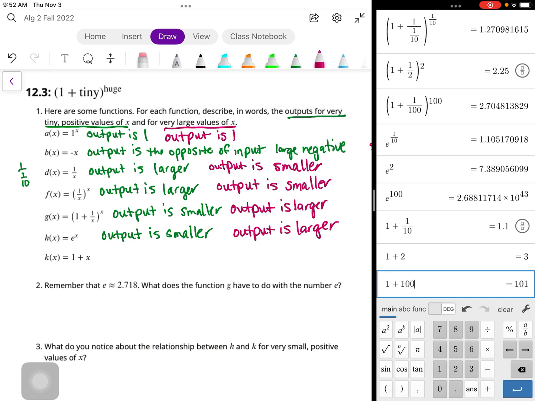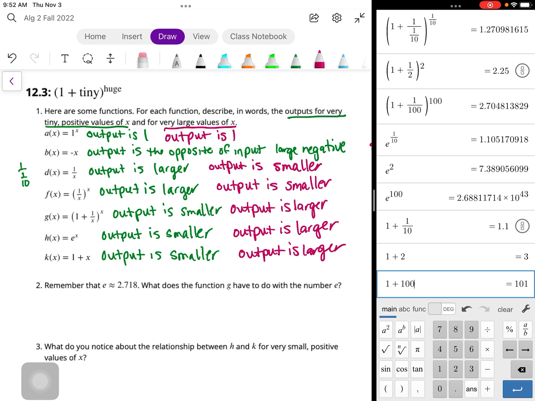And you can see again, your values are smaller with the smaller inputs and larger. Oh, that's really ugly, but that's okay. We'll fix that. Smaller, there we go. And when your input values are larger, your output is larger.